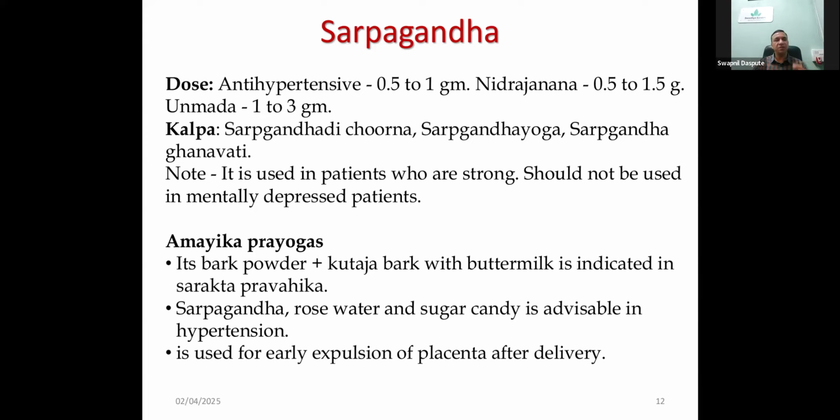So there are certain Ayurveda skilled doctors who are also practicing Western medicine, and have setups of labor, pregnancy and related setups. So that is gynecological setups.